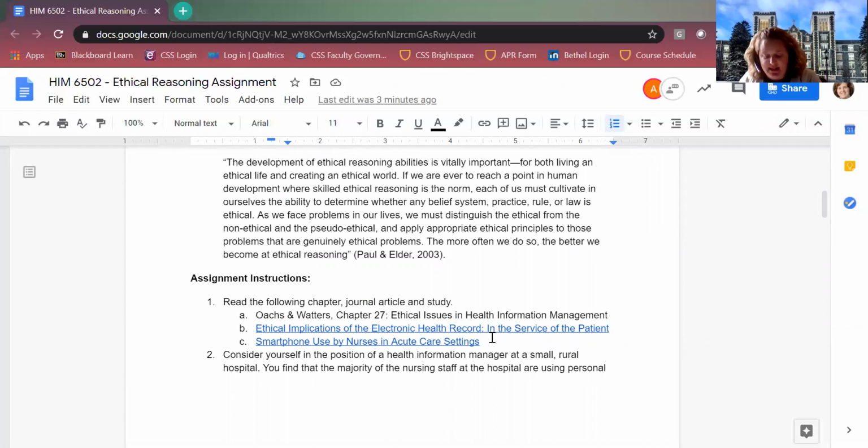The other thing is that when you cite the actual source on the reference page, you're also going to identify Oaks and Waters as editors, but the authors' surnames that you list first, followed by the date of publication, followed by the title, need to be the authors of the chapter. And then the title you list first will be the title of the actual chapter, in this case, ethical issues in health information management.